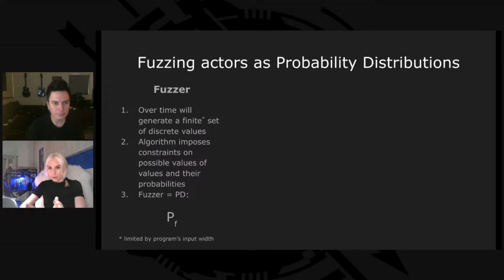Basically, over time, a fuzzer will generate a finite set of discrete values or inputs. It is finite because it is constrained by the size of the input that a program can take. Obviously, if you run a fuzzer infinitely, then it would generate infinite inputs. But because we have a certain buffer to fill, it will probably be a finite set.